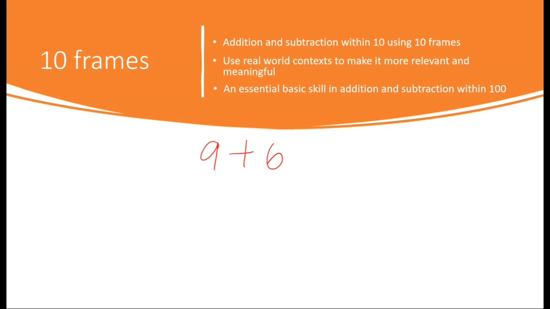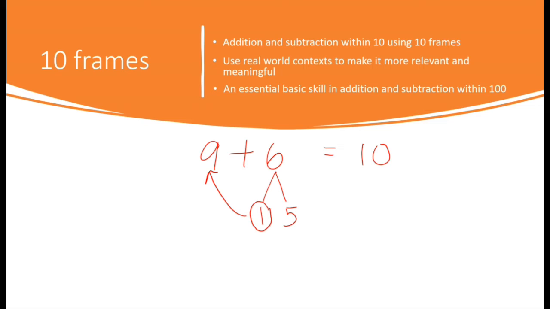If we use our 10 frames concept, your child will be able to develop the number sense that 9 and 1 makes 10. So we could use this concept to help us regroup 6 to become 1 and 5, and we can group the 1 together with this 9 here to make 10.